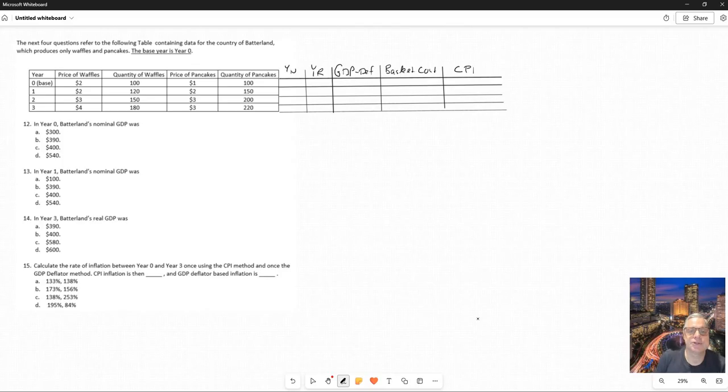Okay, so let's start with nominal GDP. That's the easiest. We always multiply the quantity times the price. We have two goods, waffles and pancakes. So that is 100 times 2, 200 plus 100, so this is 300. Then the next one is 240 and 300, that's 540.